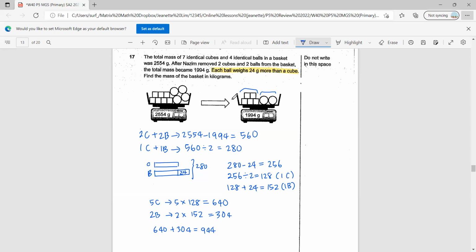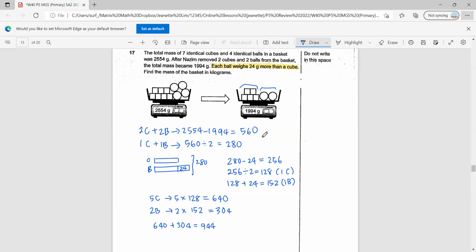So remember, you want to find the basket, right? So you take this total, this 1994 minus away 944. So basket. I get 1050. So what units is this? This is in grams, right?